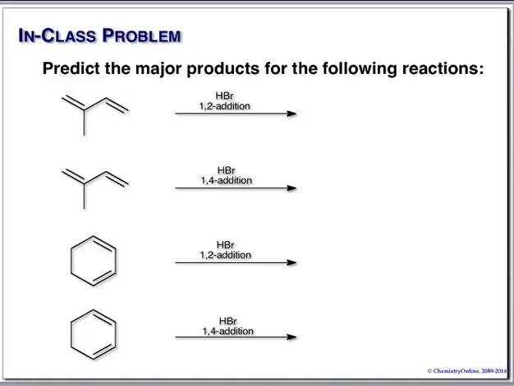For the 1,2 addition, look at this molecule. The most stable carbocation is going to be here at this tertiary center, isn't it? That means we're going to put the proton on here.